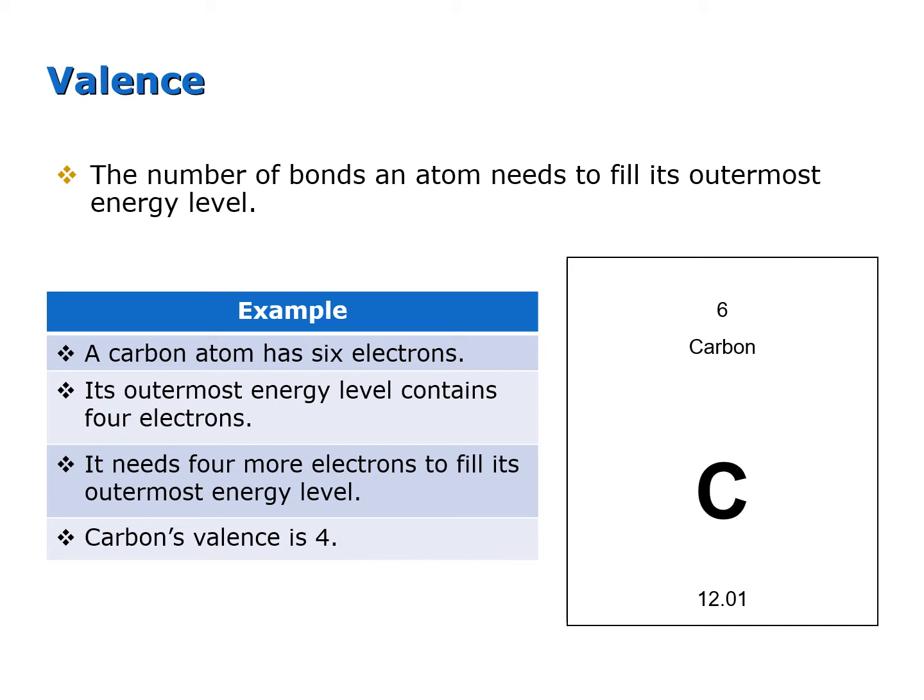That means the carbon will have 6 protons in its nucleus, equivalent to 6 electrons on the outer layers. The first level of energy to be fulfilled needs 2. That leaves us on the second level of energy with 4 electrons. So this will give the valence. For C, the valence will be 4.